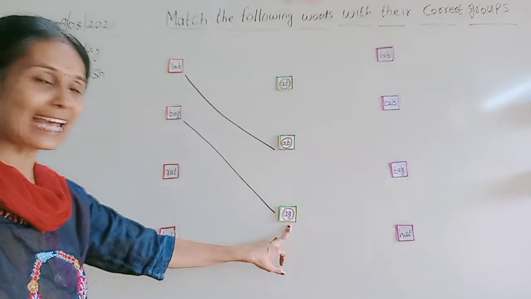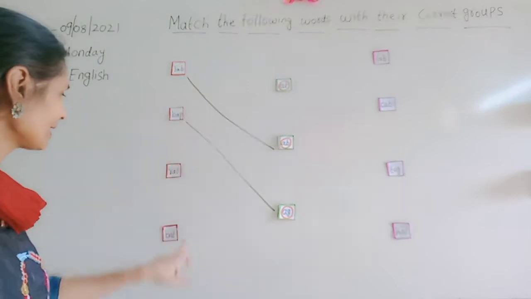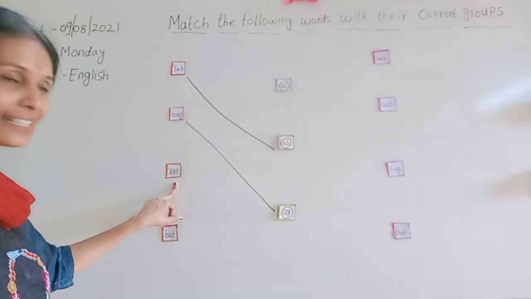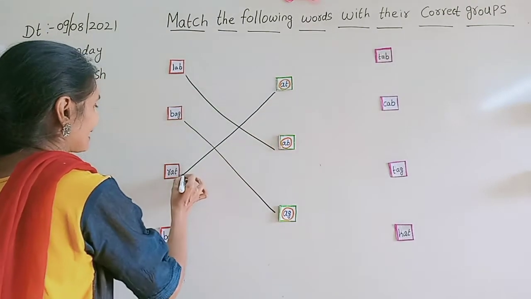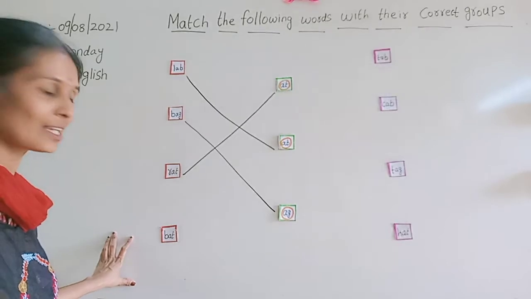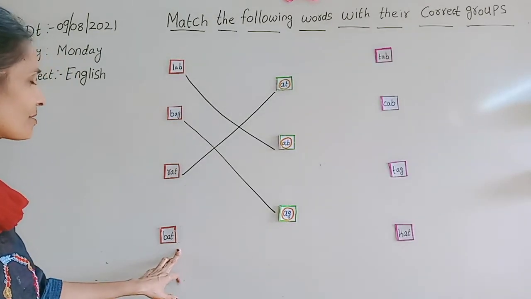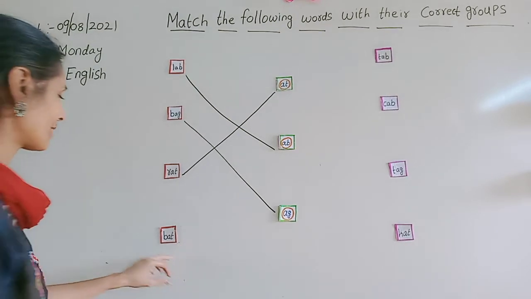A-G ag. B-A-G bag. Okay. Then R-A-T rat. R-A-T rat. Okay. Then B-A-T bat. B-A-T bat. A sound again.